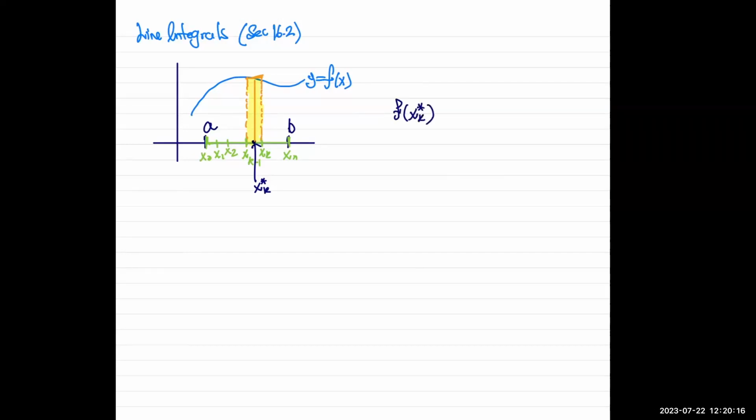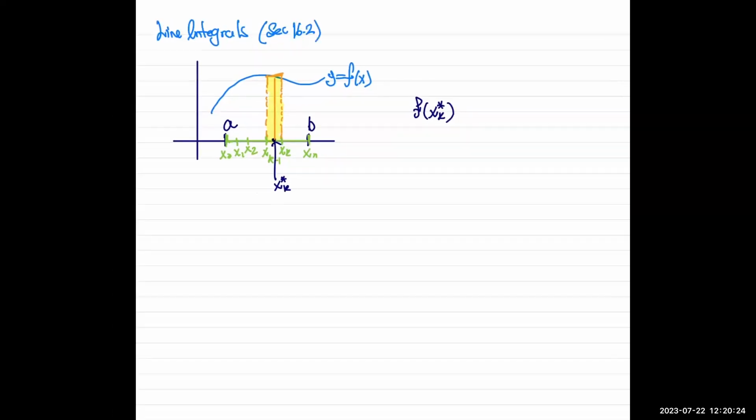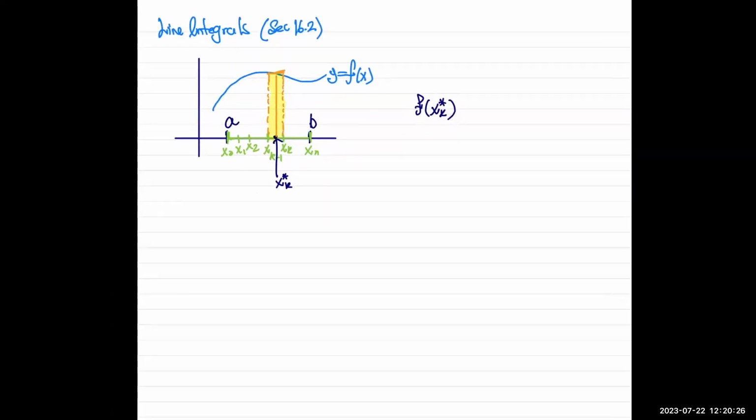X sub k star, again, is just a point in that kth interval. This is the height of the kth, or of that sample point. Okay, and then we took that and we multiplied by the width of the interval, which is delta x sub k.